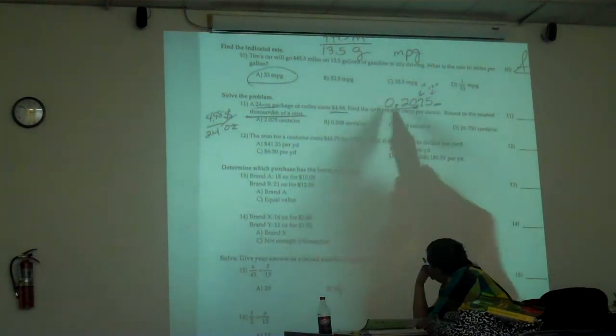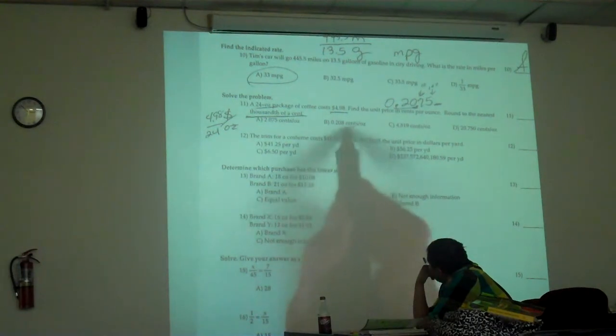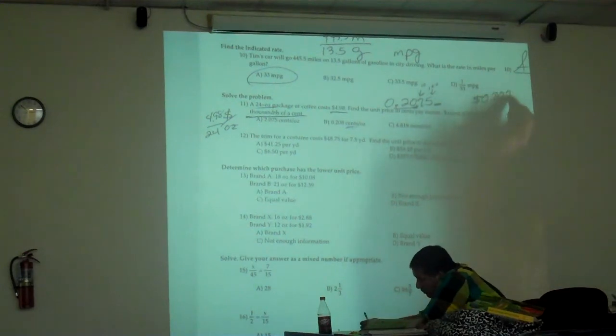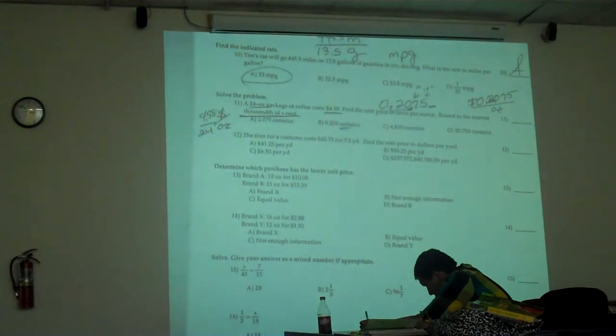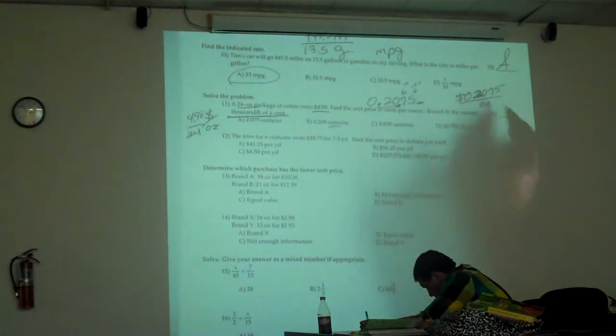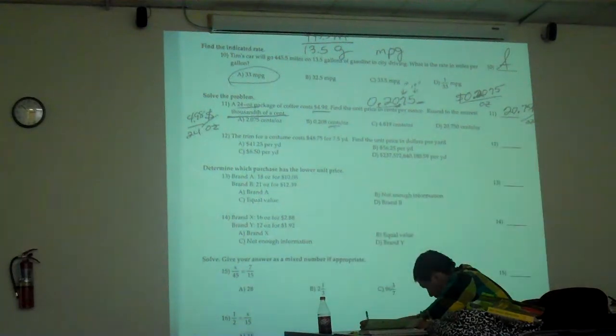If you move it twice, you turn it into cents. Because this would be dollars, 27, that's how many dollars per ounce. Changing dollars into cents, you have to move it 2 times from here. So we'd write 20.75 if you're going to do the cents per ounce. So it would be D.